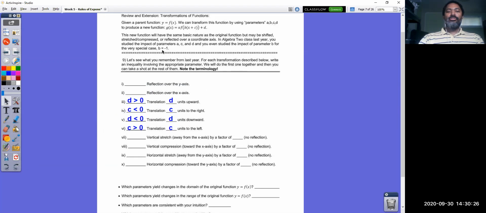Now, a vertical stretch, that was our A value. When A is greater than 1, we're stretching away from the x-axis, and that stretch factor is A. When A is between 0 and 1, and here I'm talking about the absolute value of A, I'll get to the negative part in a second, we have a vertical compression.